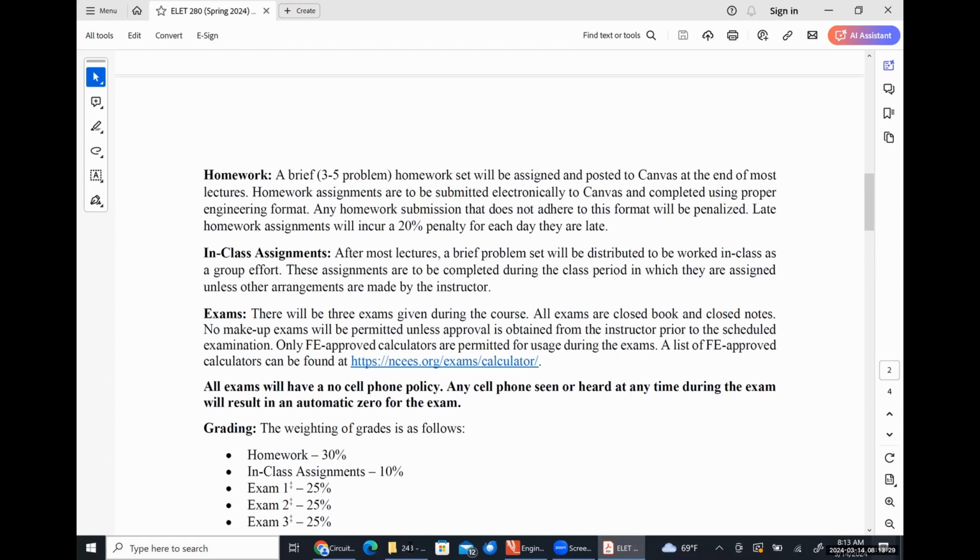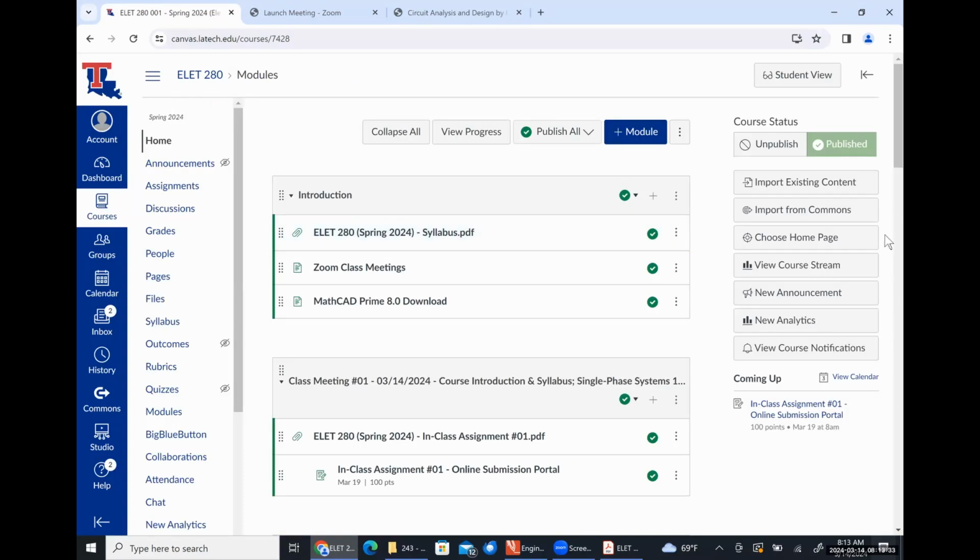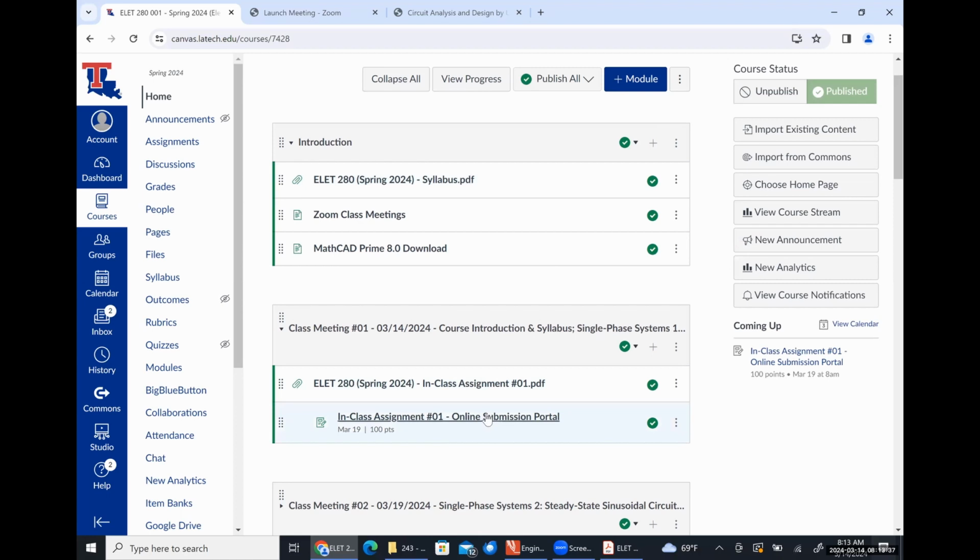So if we go over here to Canvas really quickly, in-class assignment number 1, we have the online submission portal right here. It's due March 19th, which is our next class meeting, and it's due at 8 a.m. You can't see the 8 a.m. thing here, but effectively it's due immediately before the next class starts. That will always be the case, okay?